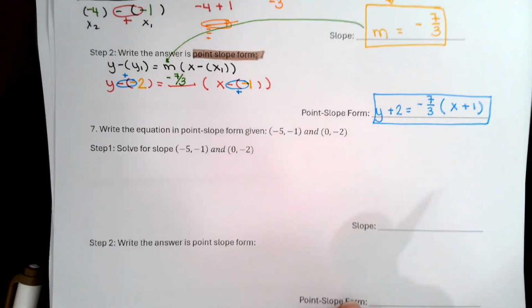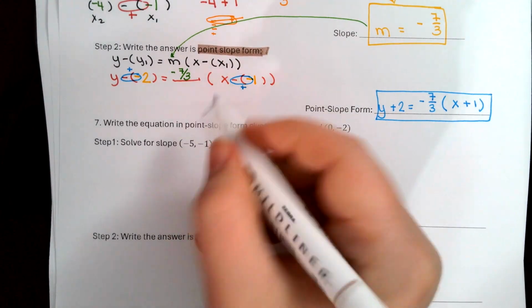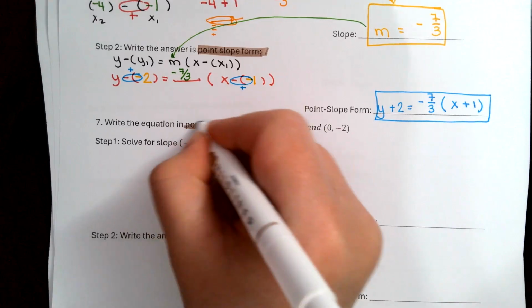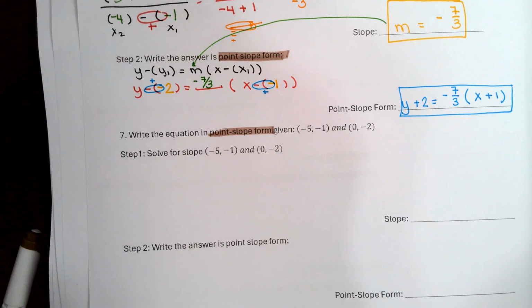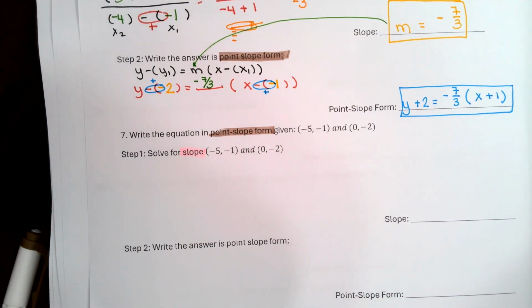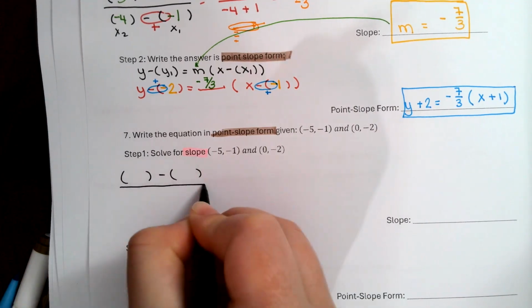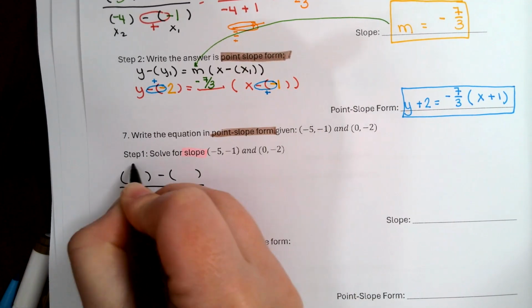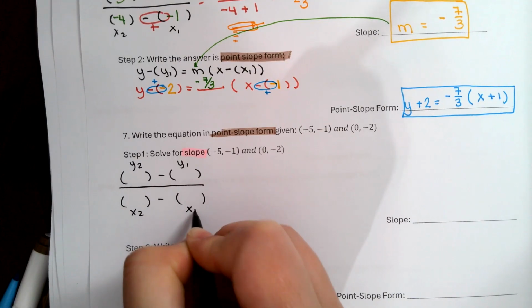Let's do it again. Now again, this one's asking for point slope form, so it's going to be similar to question number 6. We're going to start off by finding the slope. Slope is y2 minus y1 over x2 minus x1.